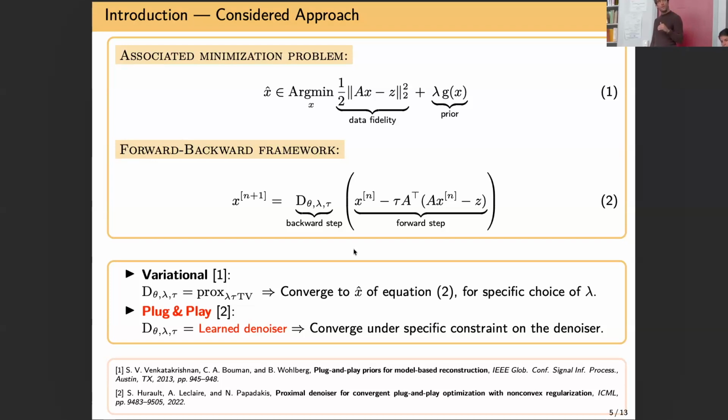For these two approaches, we have some specific theoretical convergence assumptions. For the classical variational approach, we have to choose a specific value of lambda, which you can see in equation 1, the penalization term. And in the plug-and-play approach, again with a specific choice of lambda, but also some specific constraints that we have to apply during the training of our denoiser.